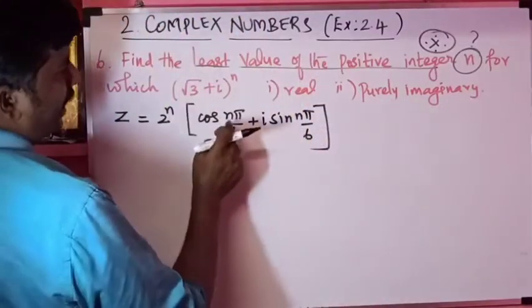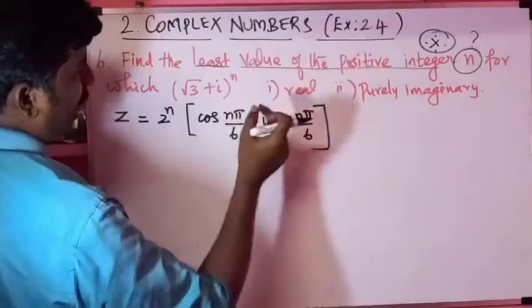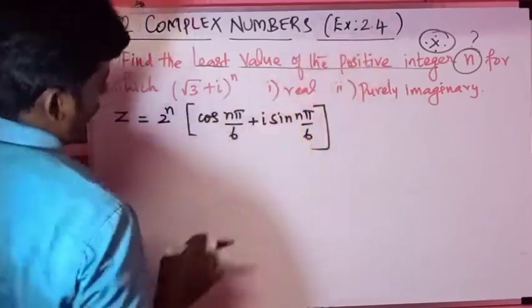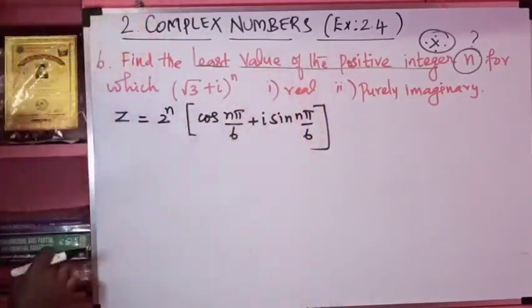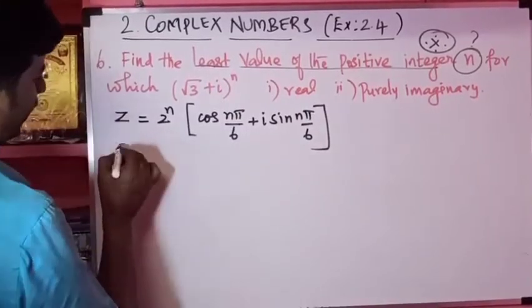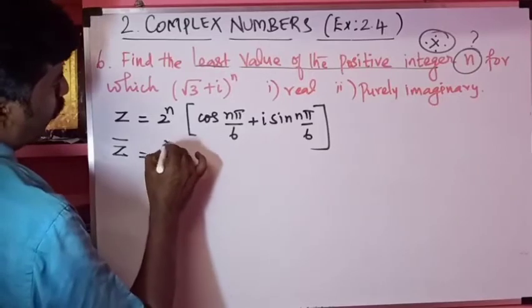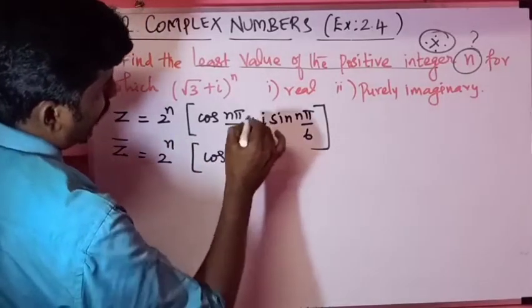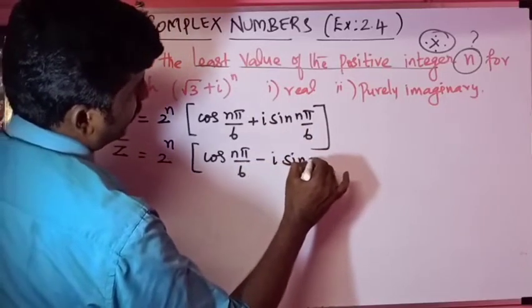This is de Moivre's theorem. This is the z value. Now I write z bar: 2 power n cos n pi by 6, and where there is a plus, we put a minus, and that is z bar.